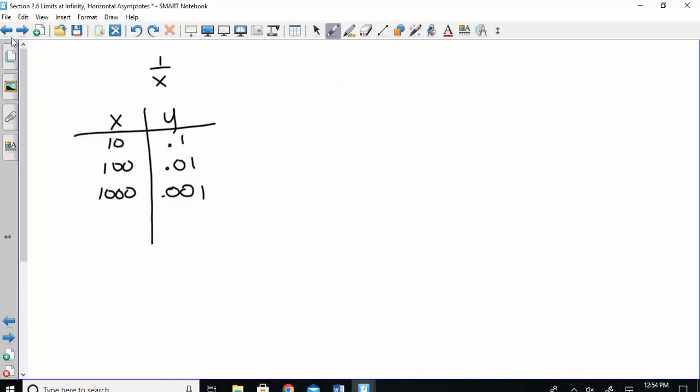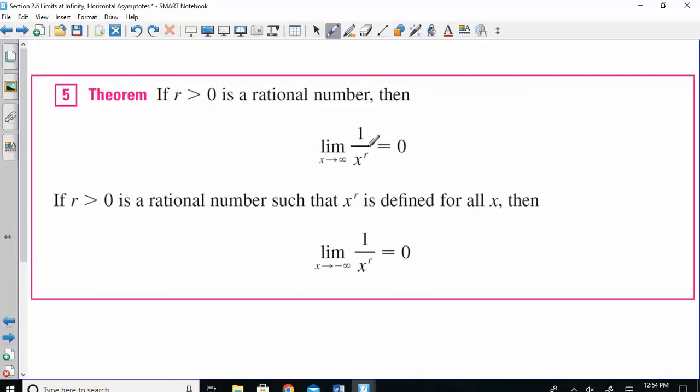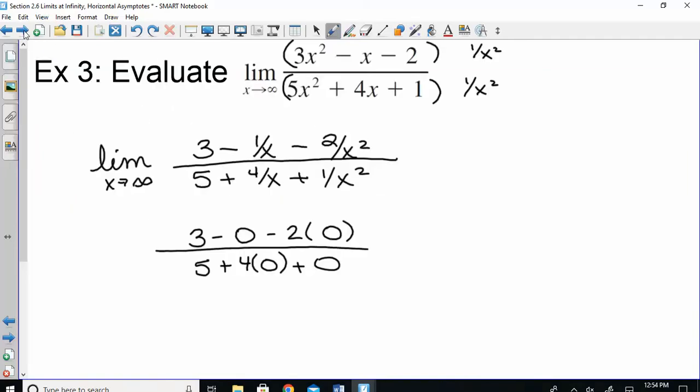Why is that 0? Because of the rule, anytime you have a number over x to any power. So what does this give me? 0. I'm just kidding. 3 minus 0 over 5 plus 0, so we get 3/5.